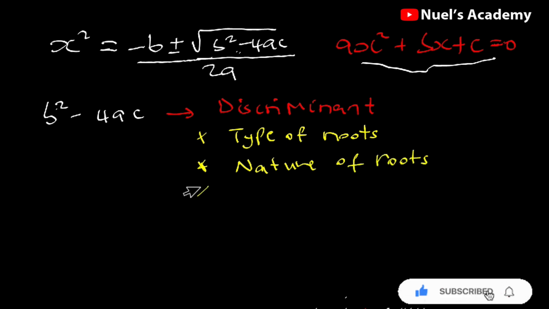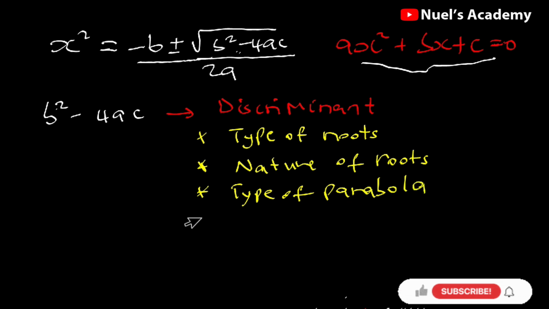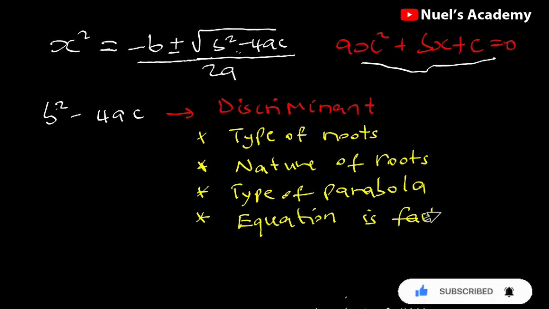It also tells us about the type of parabola that we'll be expecting for a given equation, and whether the equation is factorizable or not. In this lesson, we are going to be discussing all of this in detail as it regards the discriminant.